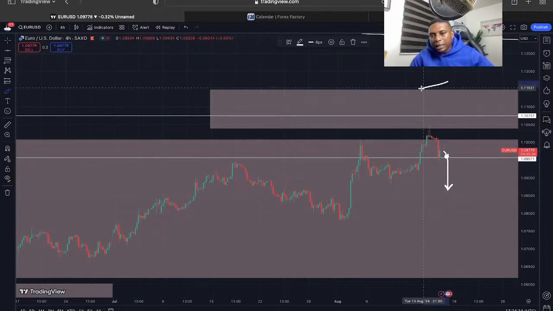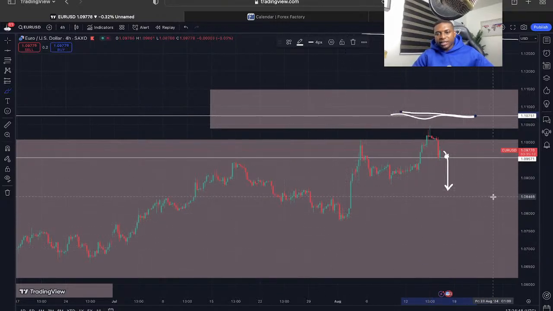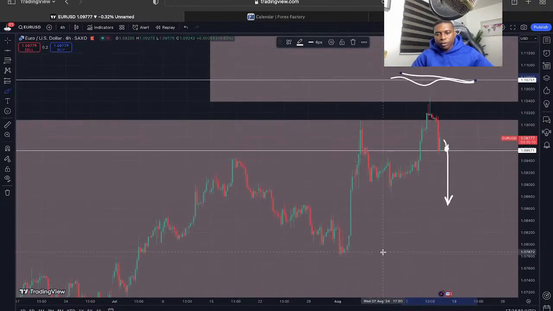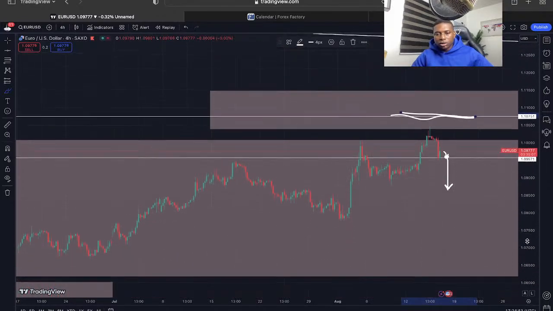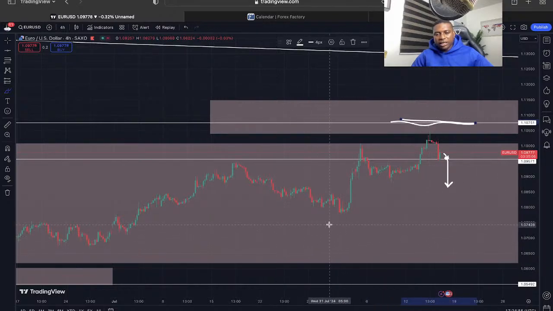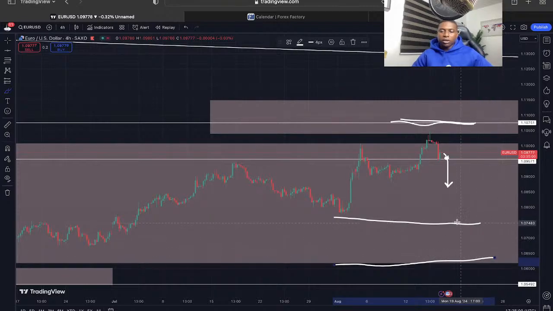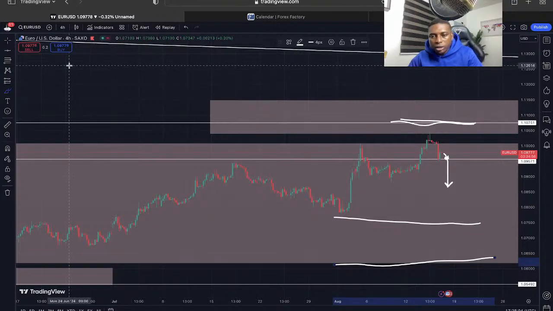So I would put my stop loss at the next resistance zone, which is this level, and then my take profit can be targeted towards the first level take profit, and then second level take profit. This is what I'm going to be doing on Euro USD.